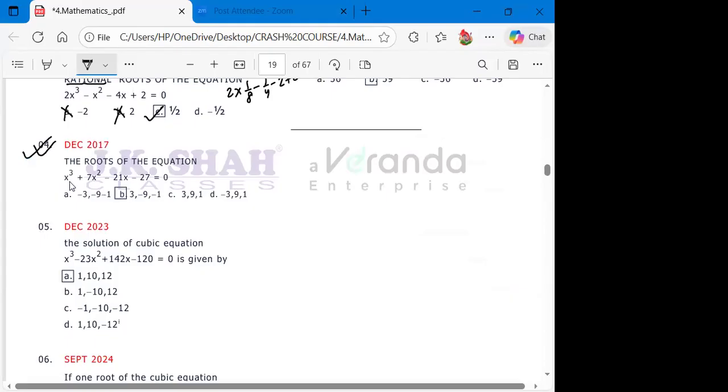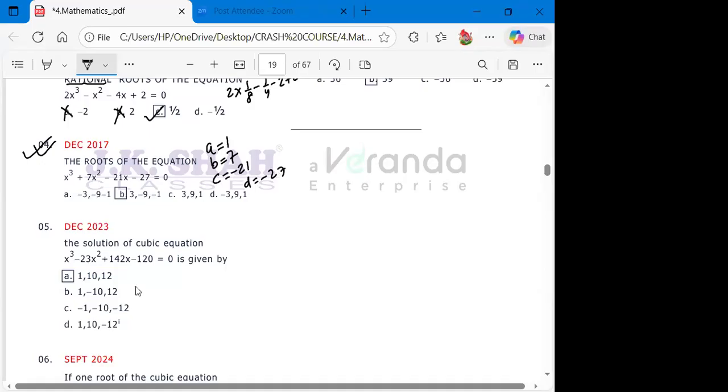so that you will be able to solve the previous question. Whatever is with x cube is known as a. So a is how much? 1. Whatever is with x square is known as b. So b is how much? 7. Whatever is with x is known as c. c is minus 21 and all the rest is d, so minus 27.